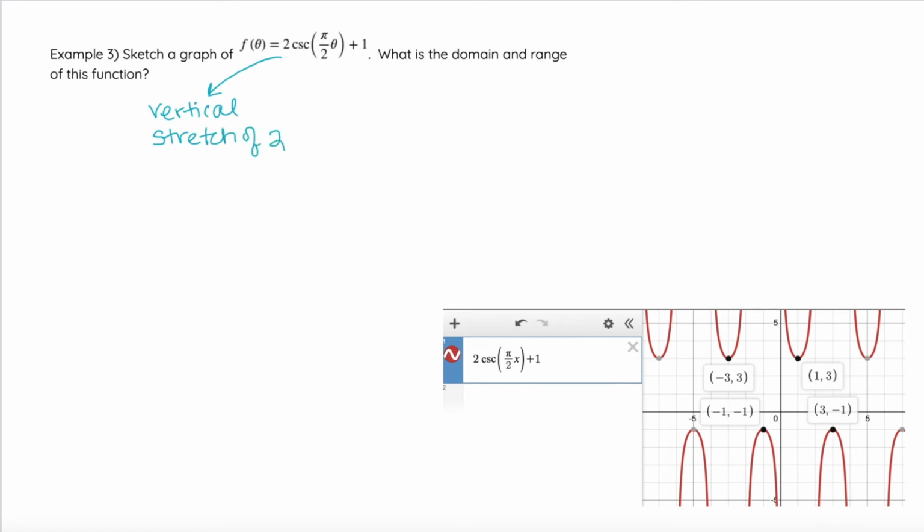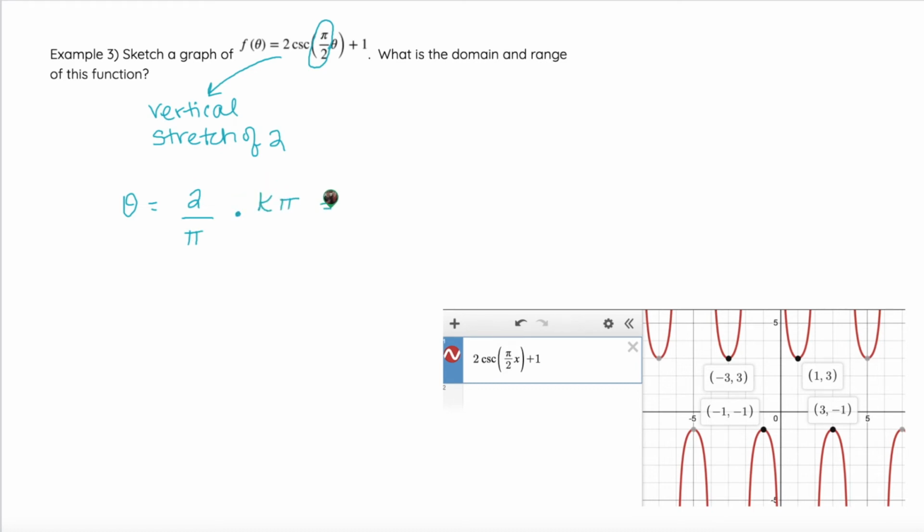If we look at the inverse of pi over 2, we can see where we're going to end up with multiples. Since this is cosecant, which is related to sine, theta is going to be equal to 2 over pi times multiples of pi.